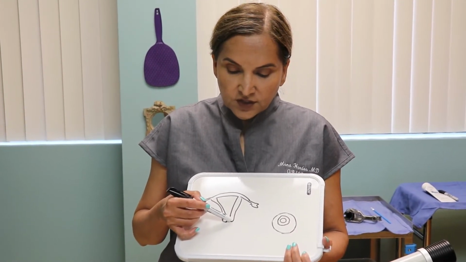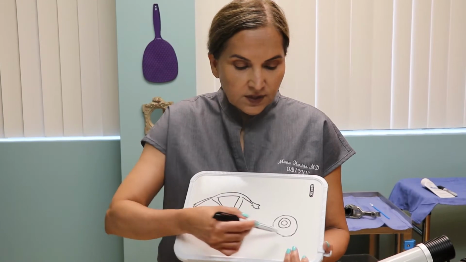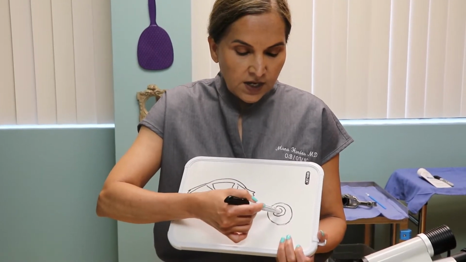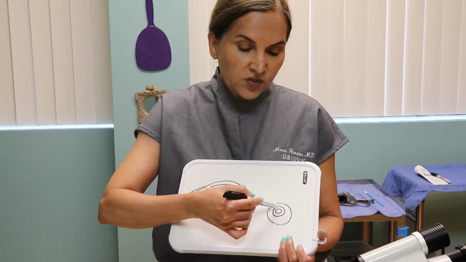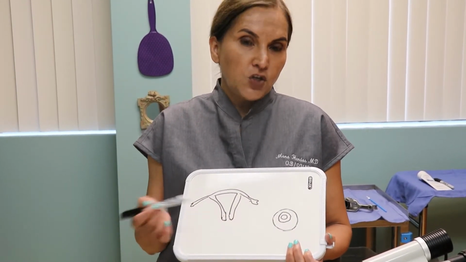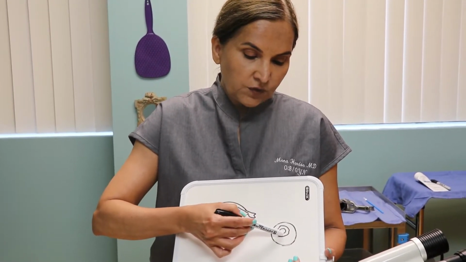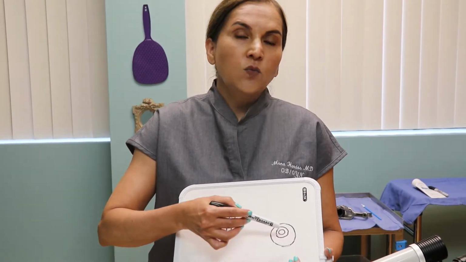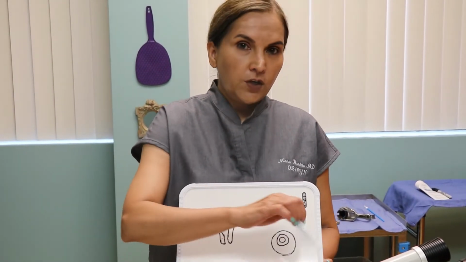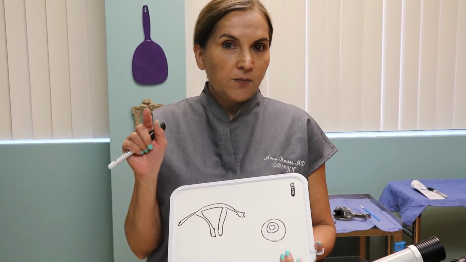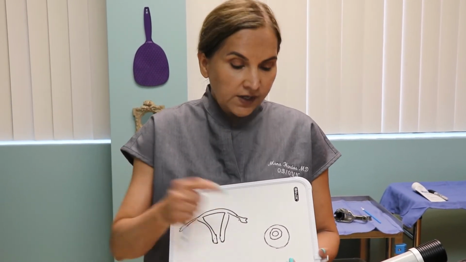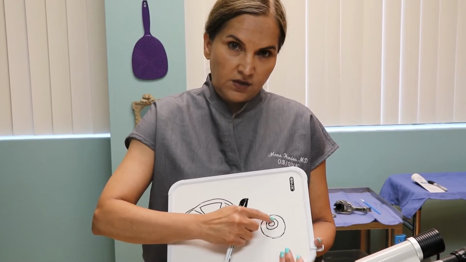So there's a transition between the squamous cells, which are on the outside, and the glandular cells, which are inside. And that transition is called the transformation zone. This is the transformation zone. And this is what we are looking at when we are doing a colposcopy, because anything which goes abnormal, especially like a cervical cancer, grows in this area.